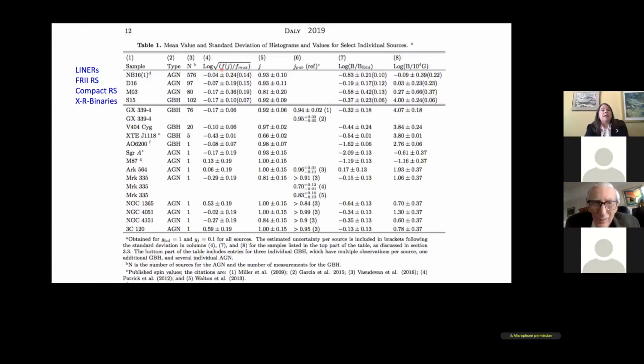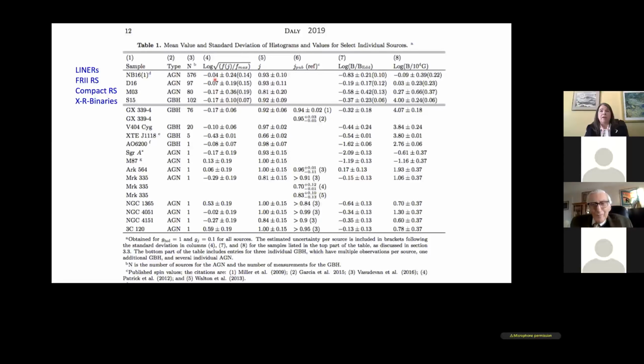Okay, so pretty similar values for the LINERs and the FR2 sources, and then the compact radio sources by Merloni et al. and the X-ray binaries come in with a lower value of capital F, which is almost certainly due to the fact that the FR2s and the LINERs are very strongly affected by the flux limited nature of the surveys used to study them, whereas the Merloni et al. sample is quite local and goes much deeper into the luminosity function, and the X-ray binaries are right here in our galaxy.